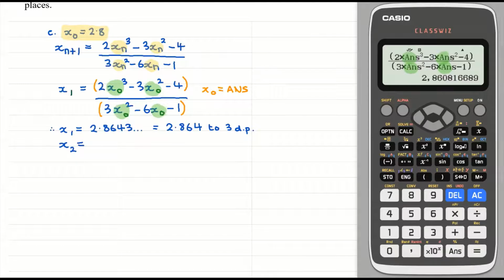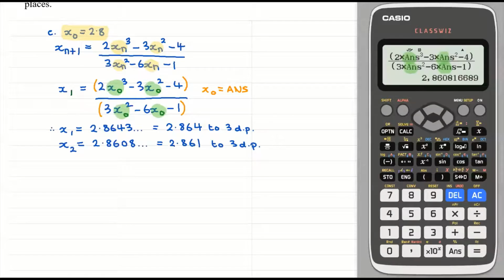So we now get 2.8608 dot, dot, dot, which is equal to 2.861 to 3 decimal places. So we've done the 2 more iterations. We've used the calculator, nothing wrong with that. That's our answer for part C right here.